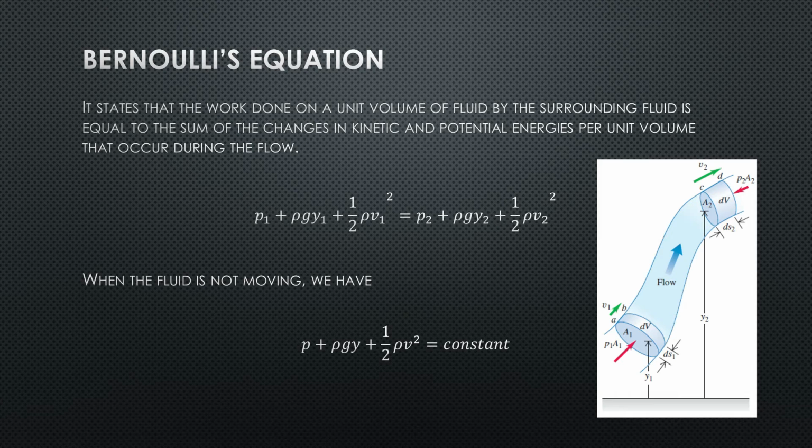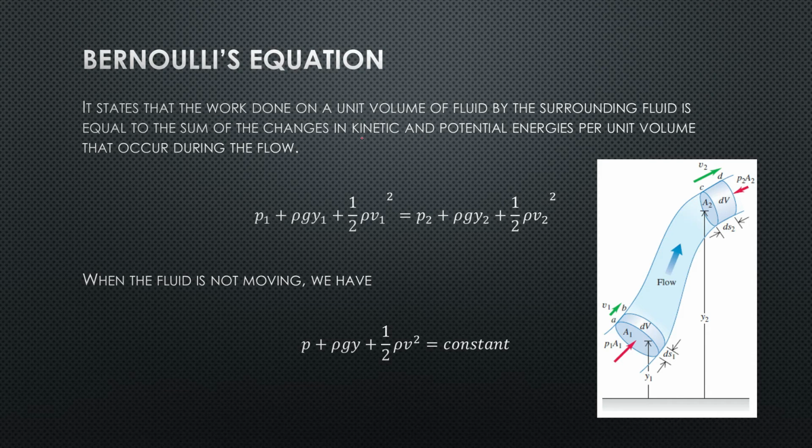So Bernoulli's equation states that the work done on a unit volume of fluid by surrounding fluid is equal to the sum of the changes in kinetic and potential energies per unit volume that occur during the flow.